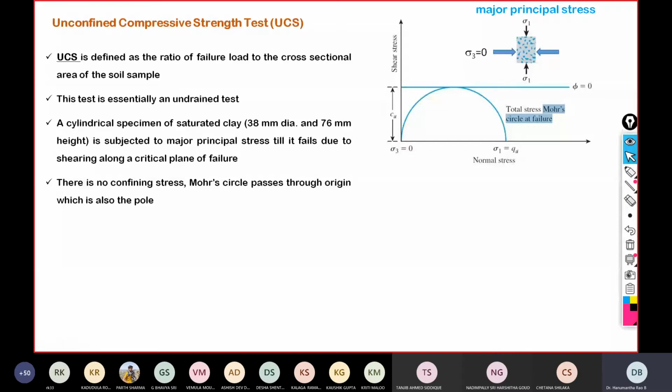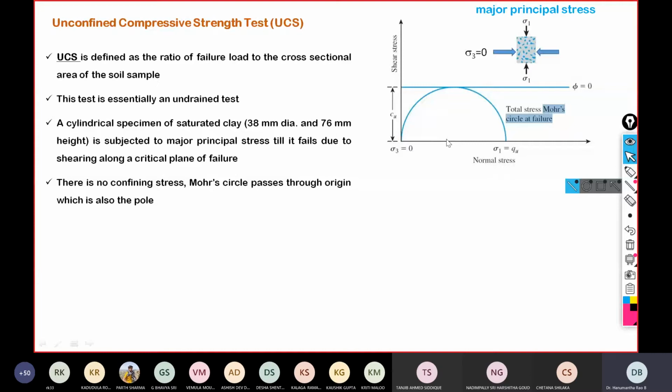Therefore, this maximum strength, sigma 1, can also be designated as qu, the unconfined compressive strength. The difference between sigma 1 and sigma 3 becomes the diameter of the Mohr circle.